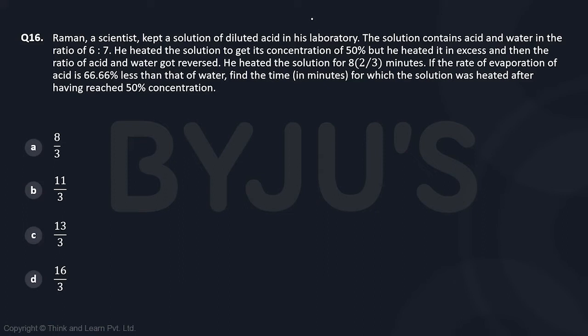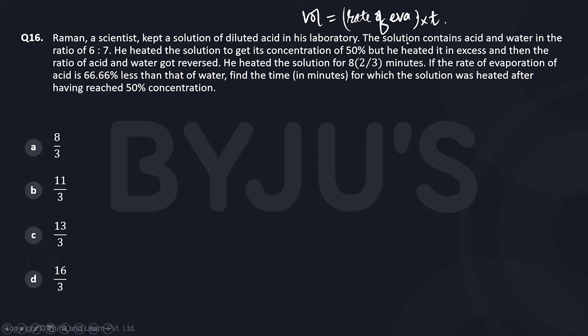The first thing is the volume can be calculated using the rate of evaporation, or in similar questions you can also use rate of condensation. If something is getting added, that is condensation; evaporation means things are getting removed with time. And this will get you the volume of solution getting evaporated.